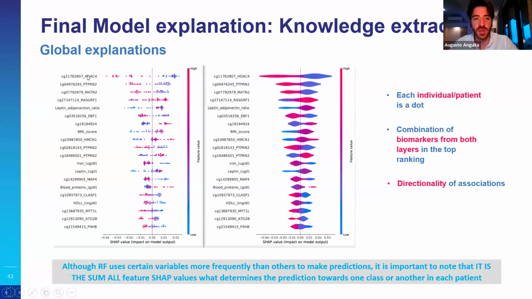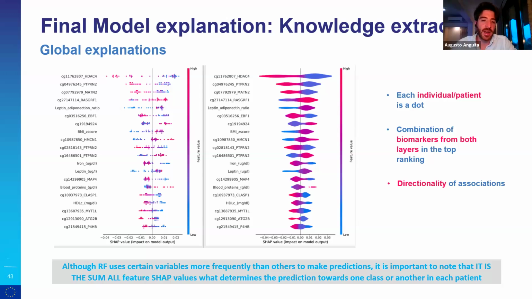This is basically representing each of the features here on the left. And here in the x-axis, what we are representing is the SHAP value. So if the SHAP value is on the left, this means that this feature is contributing, in a particular individual (each dot here is an individual from my population), to predicting this example as non-insulin resistant, the healthy class.